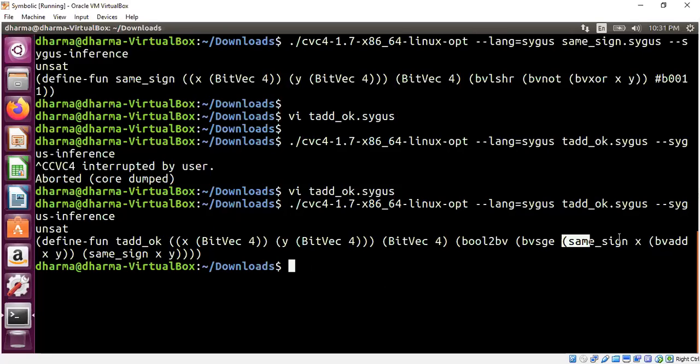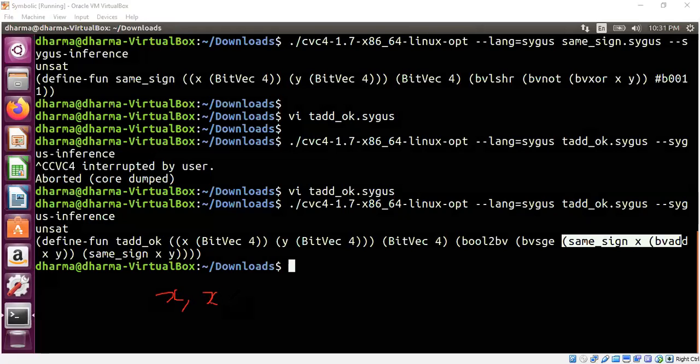So basically, you have the same sign on both sides. So your model looks like this. You have your x plus y. You're checking whether it's the same sign or not, and then you're checking against x and y, same sign. I'm not writing the function name. It's basically a call to the same sign function, as I call it in short form.